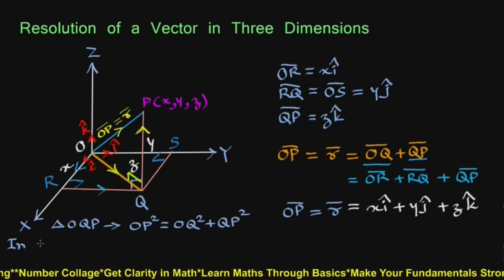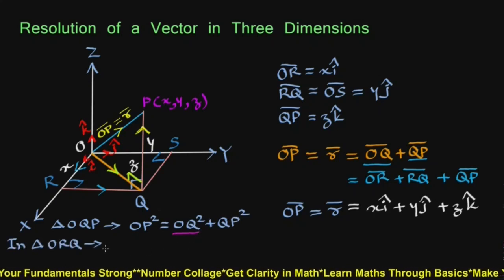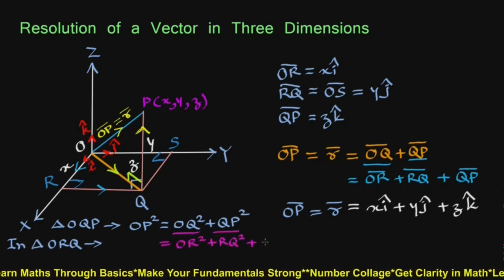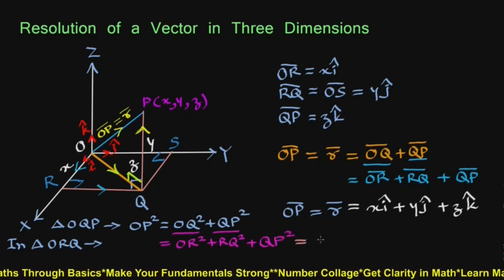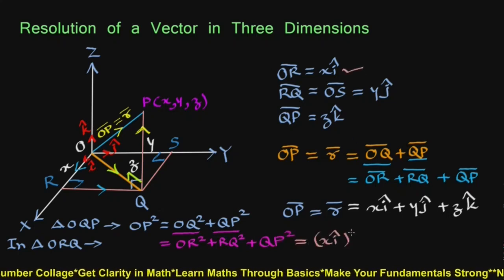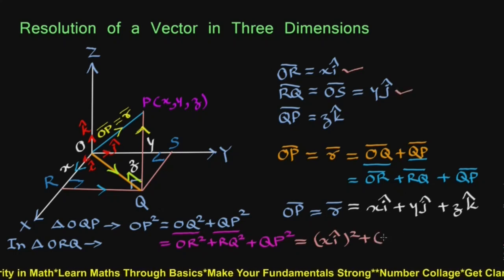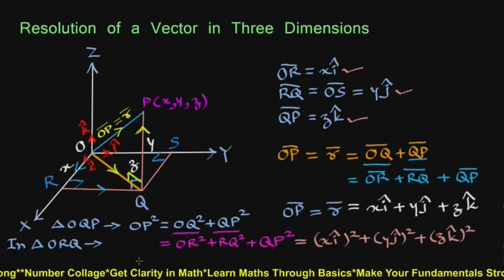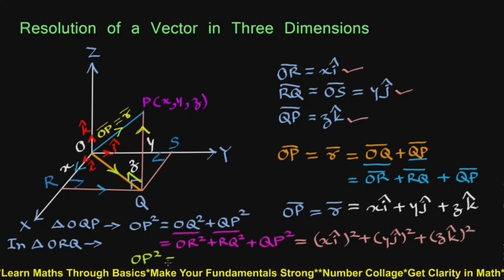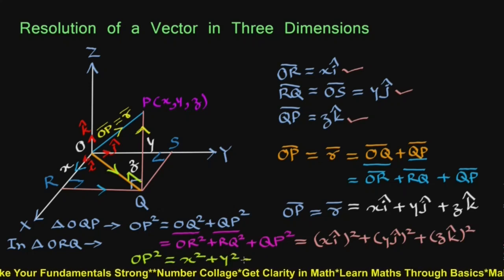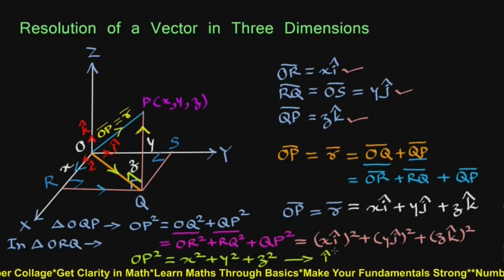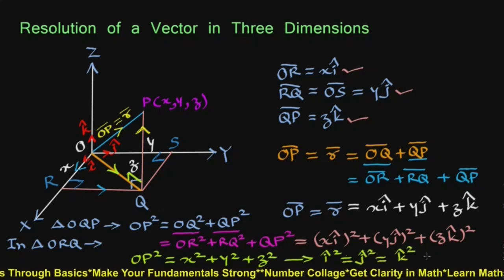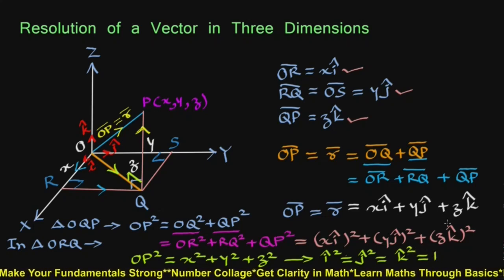Again, in right triangle ORQ, this OQ square will be OR square plus RQ square, plus this QP square, which is x i cap square plus y j cap square plus z k cap square, which finally gives us OP square equals x square plus y square plus z square, because i cap square equals j cap square equals k cap square equals 1, being a self dot product.